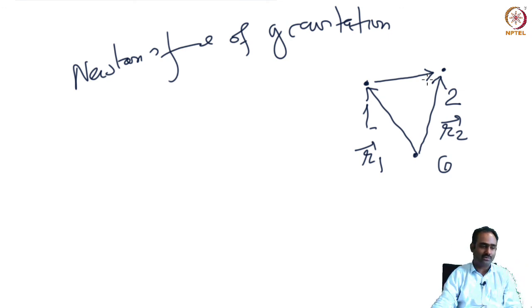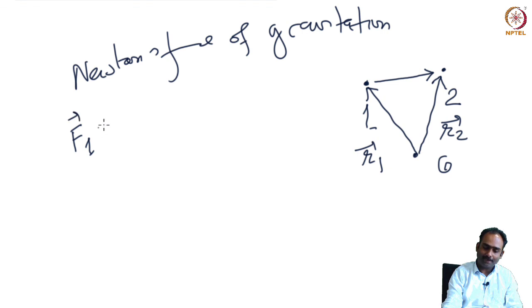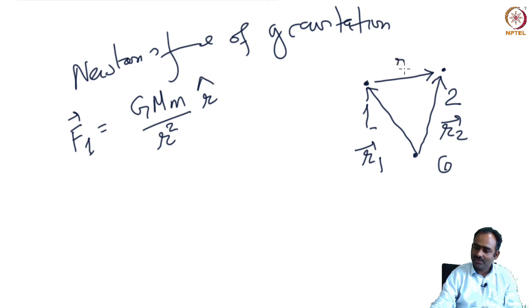It's the gravitational force. So the force on particle number 1 would be G m over r square. That's an inverse square law, you know. And then you have a unit vector. I can write down r hat more clearly for you.